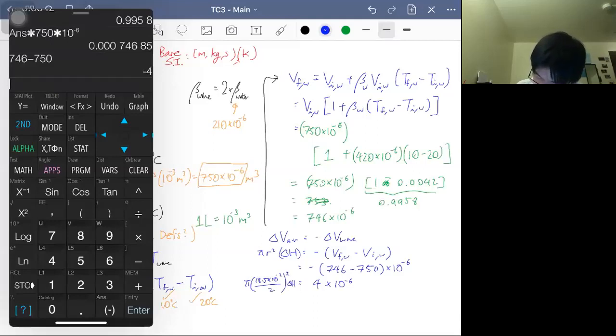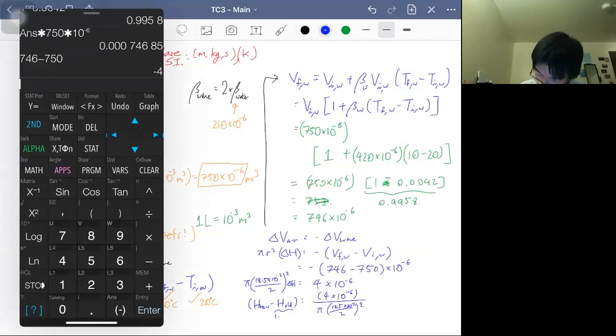So delta h is h new minus h old, which is 4 times 10 to the minus 6 divided by pi times 18.5 times 10 to the minus 2 over 2, squared. The old over here is 1.5 centimeters.